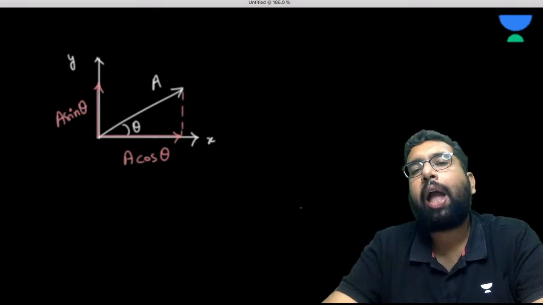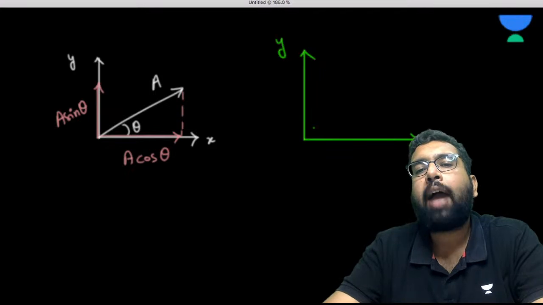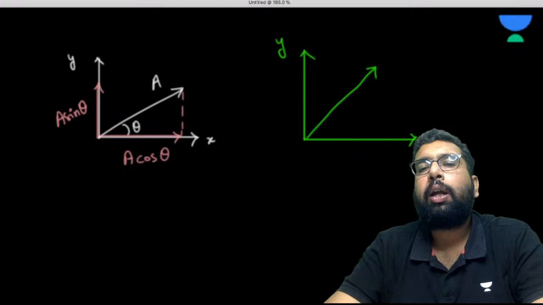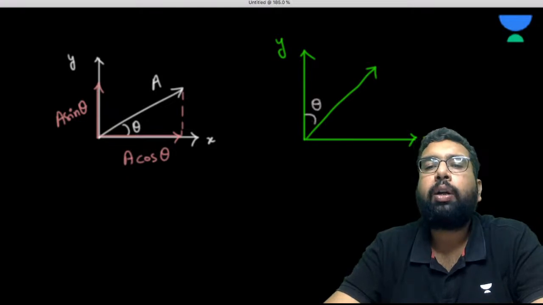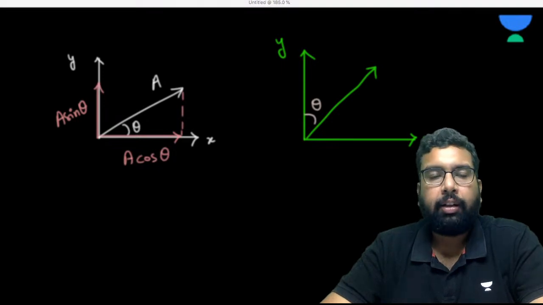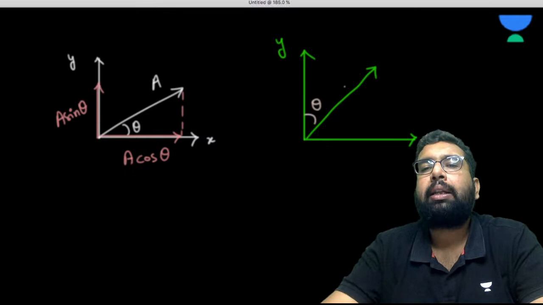What you have to understand is that you don't have to memorize the sine cos thing horizontally or vertically. You have to see which axis the vector is making the angle with. If this is A and this is theta, and theta is with the y-axis, then the component along the y-axis is going to become A cos theta.